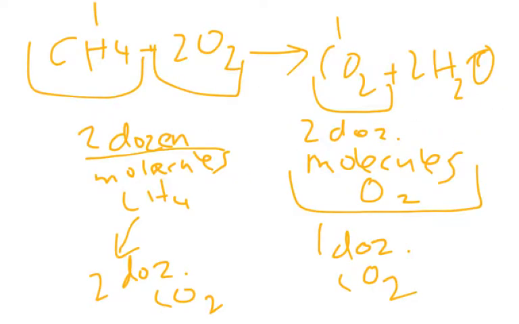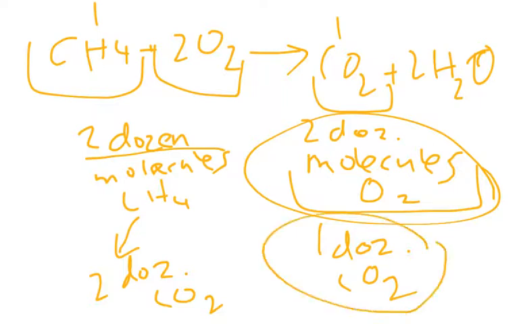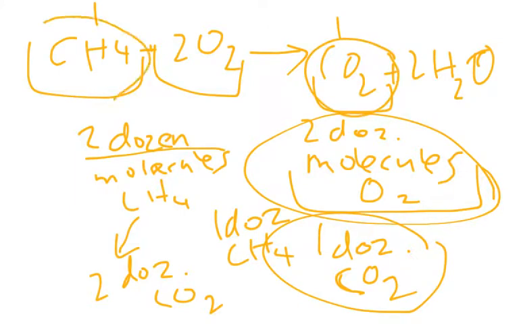So now that I erased all of that, we know that our limiting reactant is our oxygen gas once again, and we can produce a maximum of 1 dozen molecules of CO2. And we would have to consume 1 dozen molecules of CH4, because for every 1 dozen molecules of CO2 produced, 1 dozen molecules of CH4 are consumed.